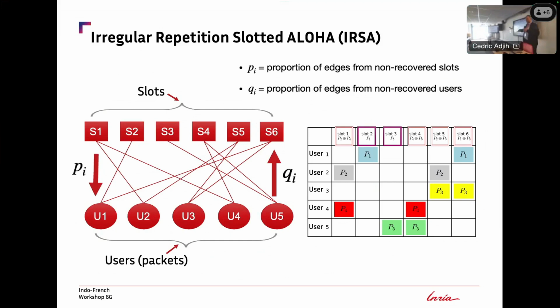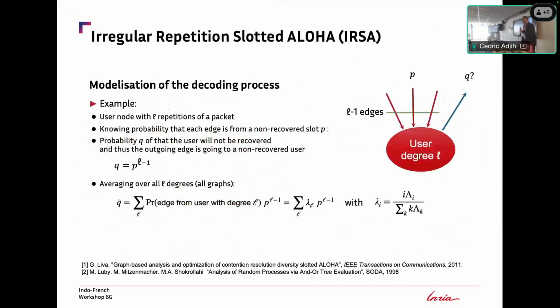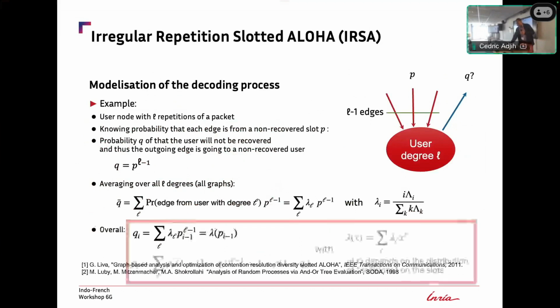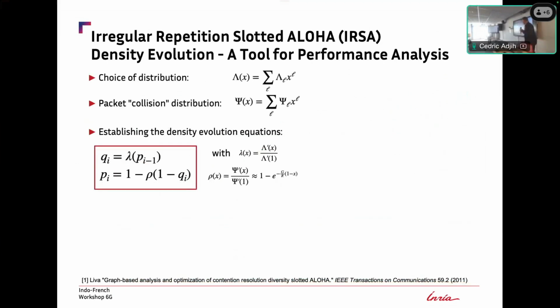More precisely, the state of your decoding is represented implicitly by 2 quantities: after you recover users, how many users you have recovered, more or less, and how many slots are free. But what is important is that you can use the tools of coding theory; basically you have recursive equations that you can iterate.